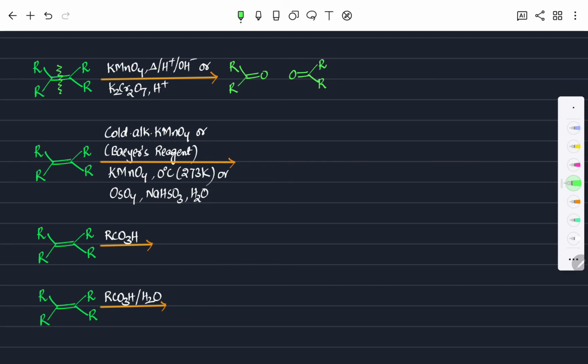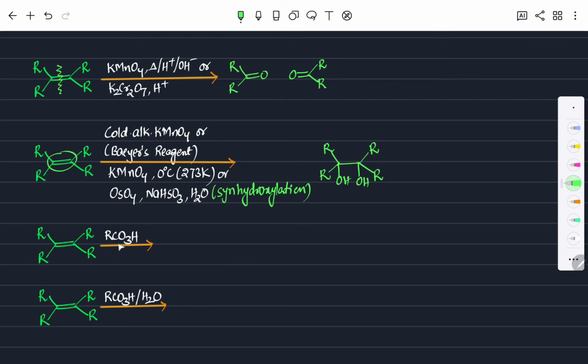Any one of these combinations, here syn hydroxylation takes place. That means at a double bond, simply we have to add two OH groups from the same side. But here stereochemistry is not important in this reactant. Simply we can add two OH groups.